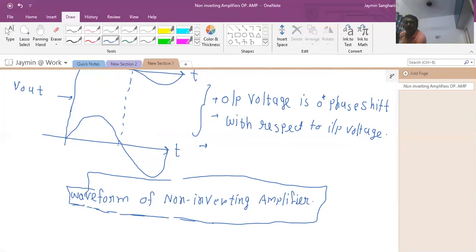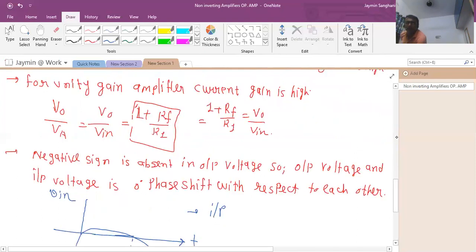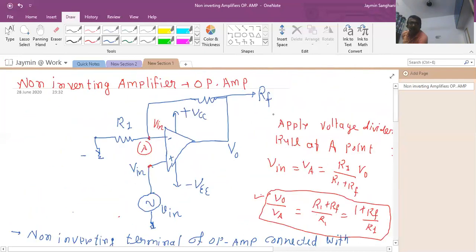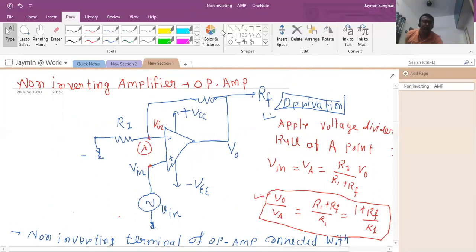And here see, the entire derivation I have written here with red marker. So you have to be able to revise this derivation very clearly. So it is known as the derivation of voltage gain for non-inverting amplifier.